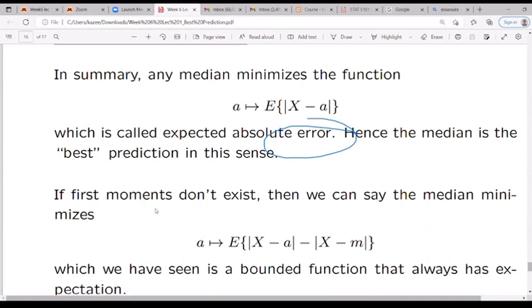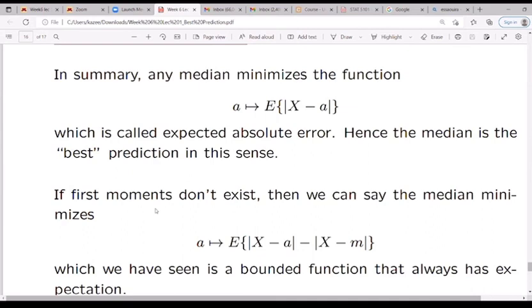And we actually use that if the first moment doesn't exist. The first moment is actually the mean. It may not exist, or it may not be appropriate, like when you have some set of data with an outlier, or the probability distribution of the data set is not normal.